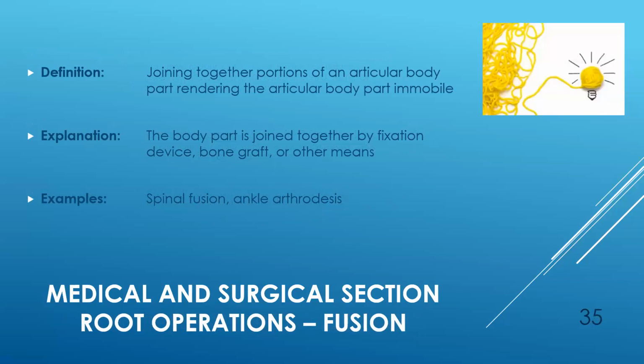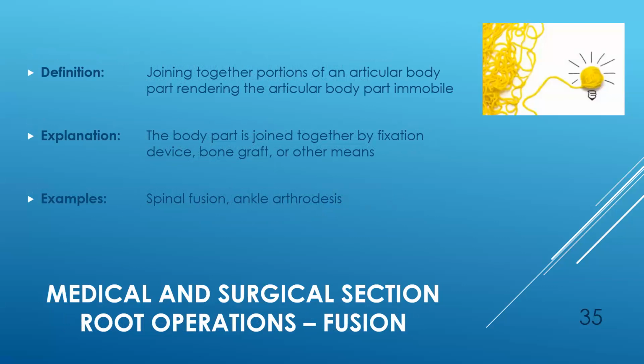Fusion, like spinal fusion, just what you think it is, joining together, but it doesn't fit into any other categories of root operations, joining together portions of an articular, meaning as in joint, body part, rendering the articular body part immobile. So it always involves joints, articular.